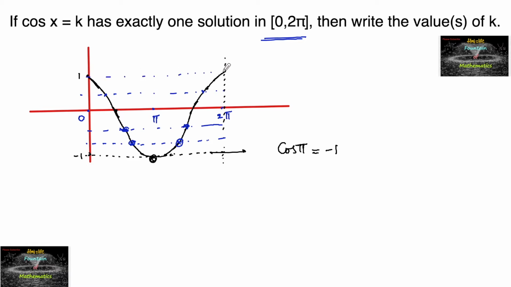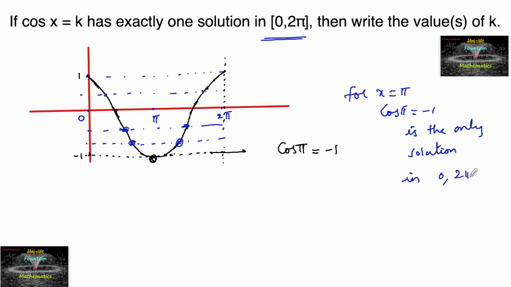So from 0 to 2 pi, we can conclude that at only one point, that is x is equal to pi, we have cos pi is equal to minus 1 as the only solution in 0 to 2 pi. So the value of k can be taken only as minus 1. Minus 1 is the only answer.